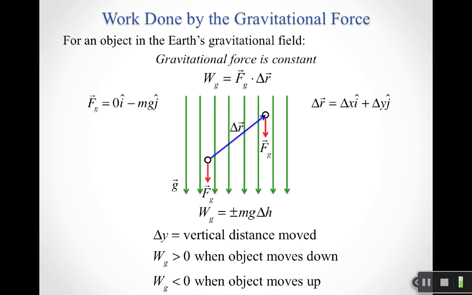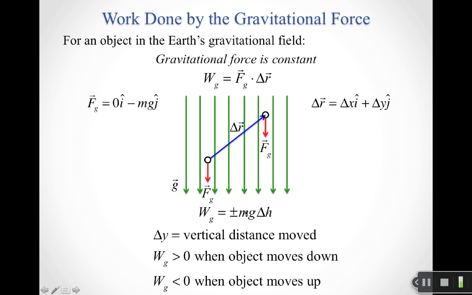To get around that, the way that I'll tend to deal with the work done by gravity is to say, well, it's pretty easy to figure out whether an object is moving up or down, so I can take care of the signs right up front. And then all I want to do is just multiply together 3 positively valued scalars. So positive mass, positive 9.8 meters per second squared, and then delta h is just defined to be the vertical distance moved.